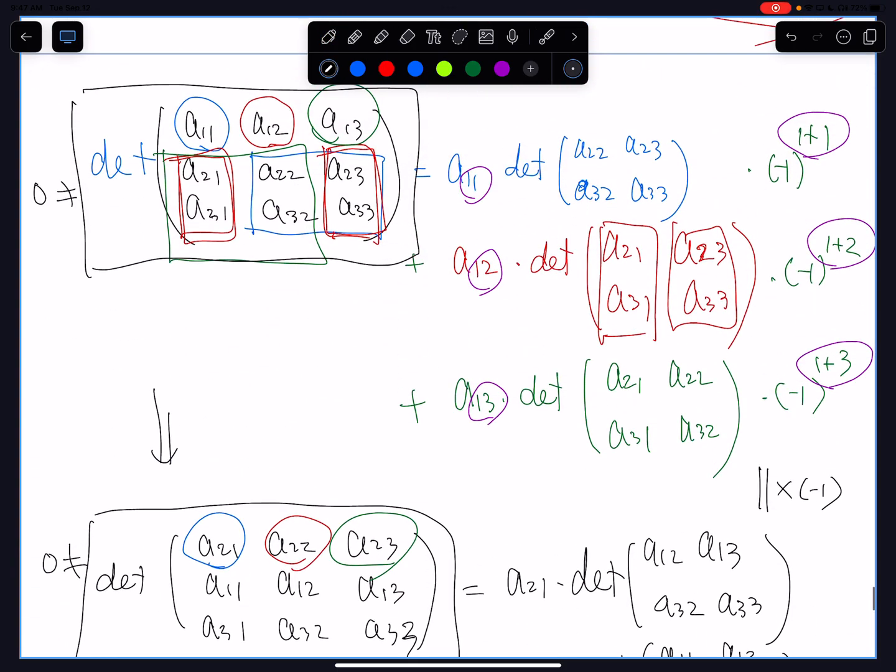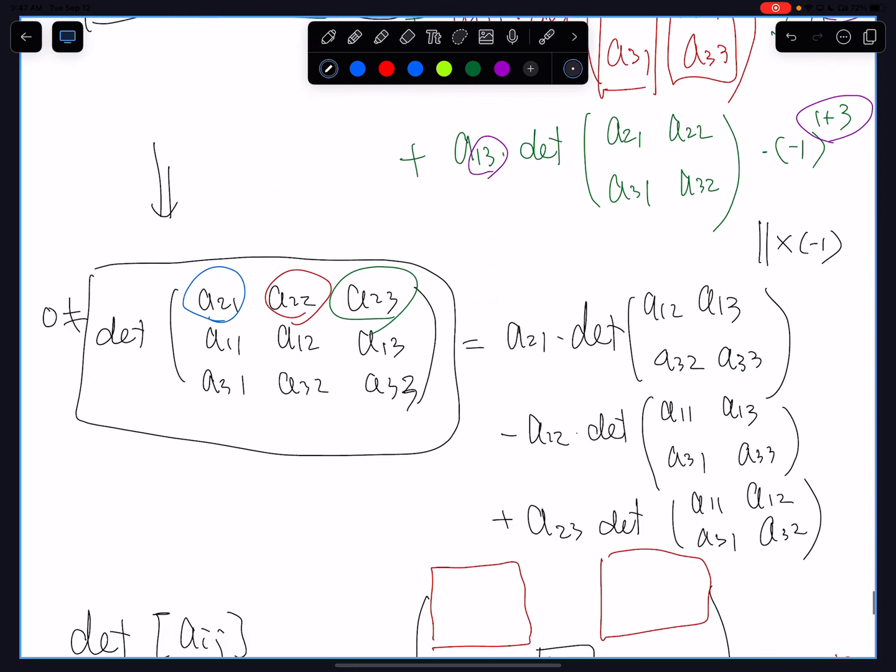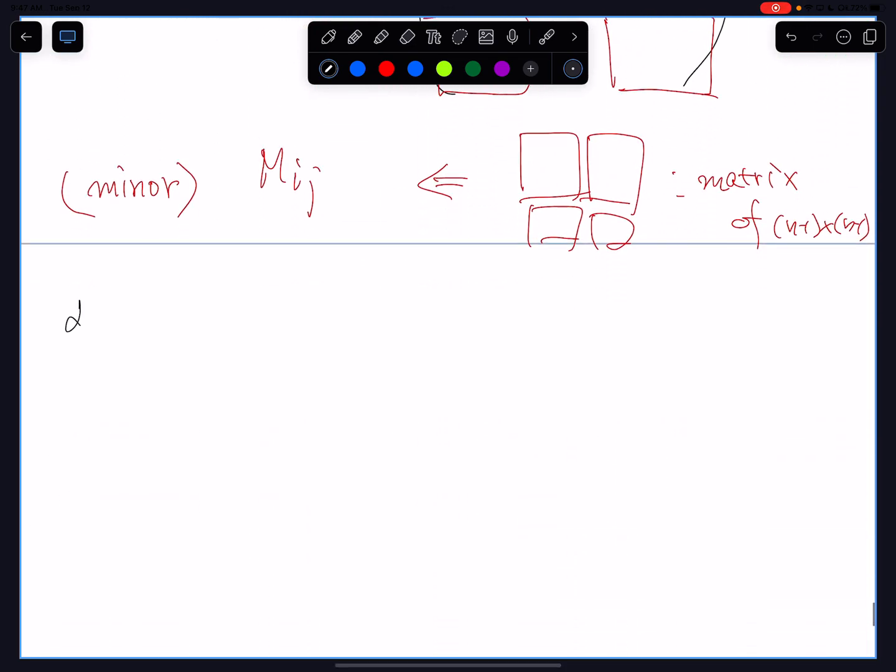So the first definition we looked at here is that the determinant of A is the summation of A1.